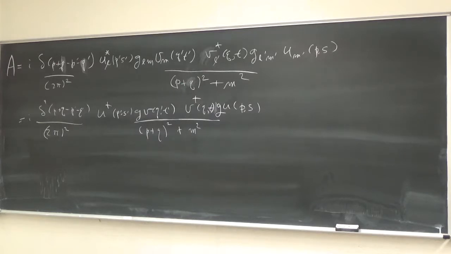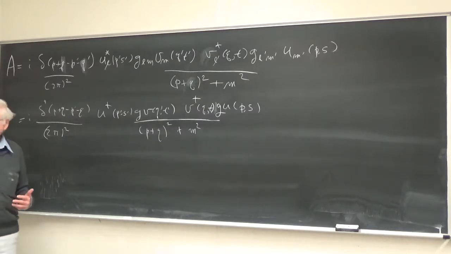Now when I say write down the answer, that doesn't mean you're done. In this case, for example, you'd want to get to a cross-section. So you have to go through the same thing that you have in quantum mechanics that takes you from an actual amplitude to a cross-section.